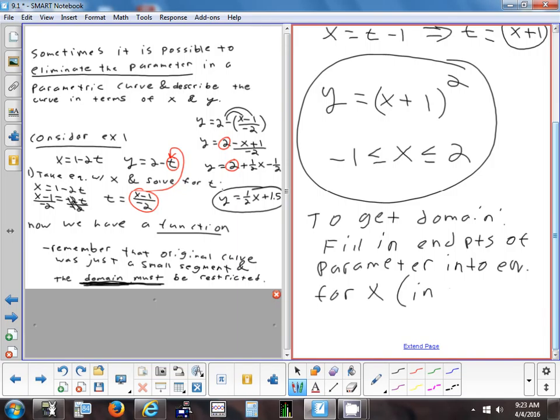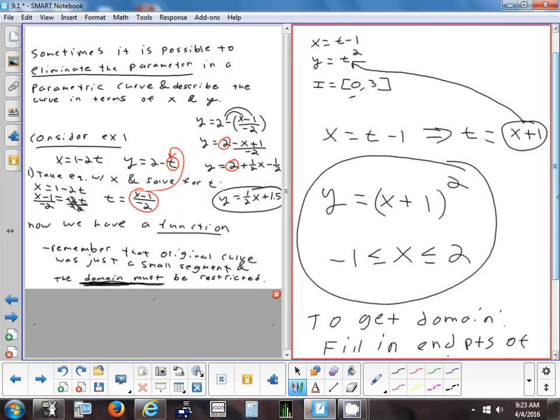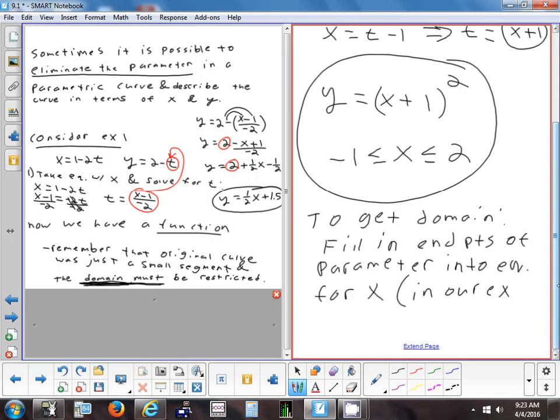In our example, we had a 0 and a 3. So fill in those two numbers into the equation for x.